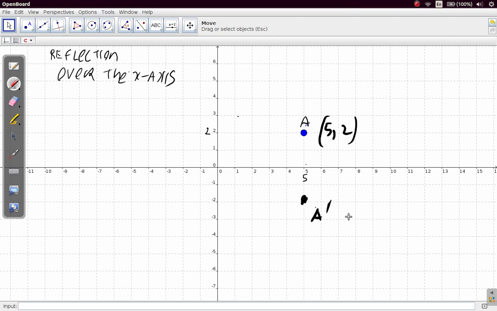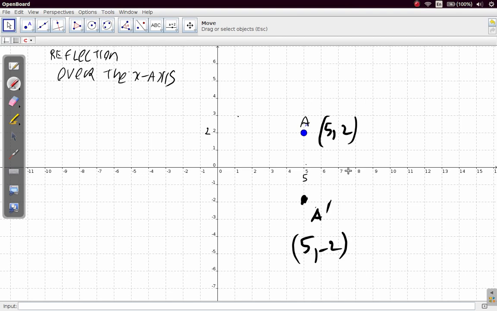A prime will be located at 5, negative 2. Now, this is reflecting using a graph paper. In some cases, you're required to do the reflection using multiplication of 2 matrices and not a graph paper.